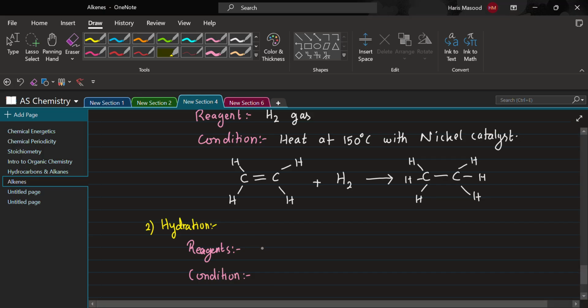Reagent you have steam, that is water but in the gaseous form. And apart from that you have temperature 300 degrees, 60 atmospheric pressure, and phosphoric acid as the catalyst.